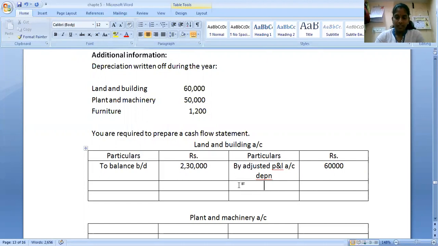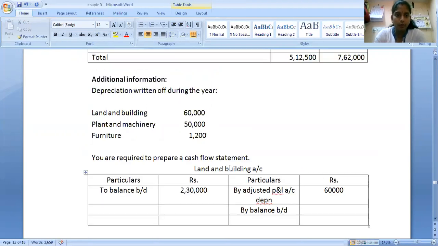Now take the closing value as balance brought down. What is the value of balance brought down? Land and building is 3,90,000. Now calculate the information given. So 60,000 plus 3,90,000 is 4,50,000.